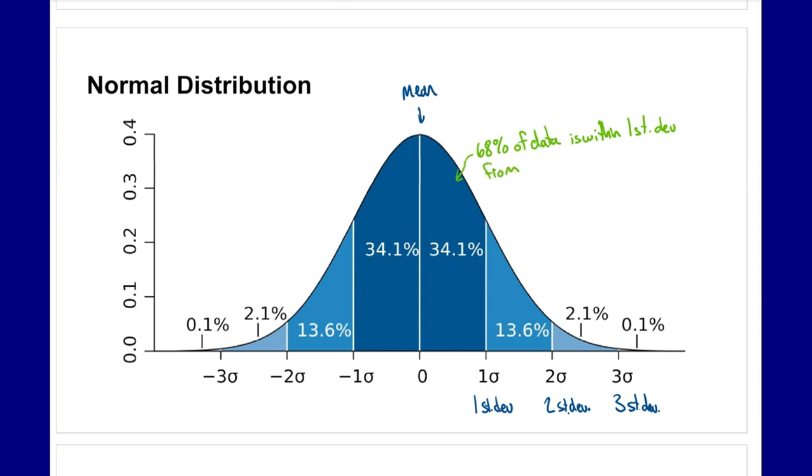And that's plus and minus, because here we have plus 1, plus 2, plus 3, and here it's minus 1 standard deviation from the mean. So 68% will fall within 1 standard deviation of the mean, and again, the standard deviation is just a metaphorical distance from the mean.